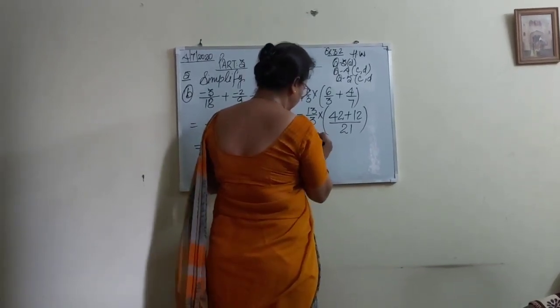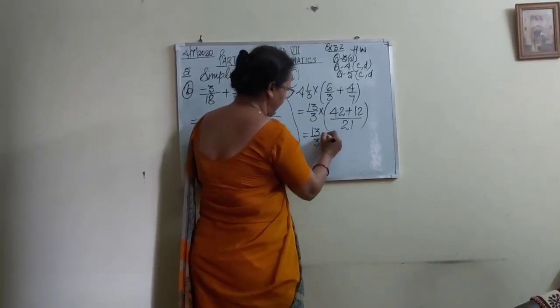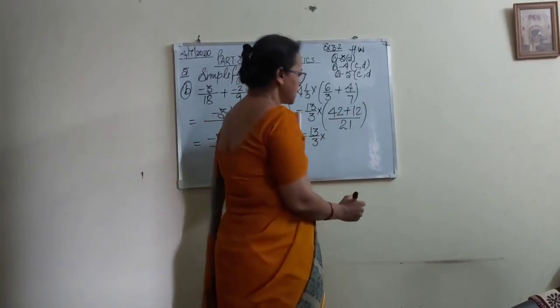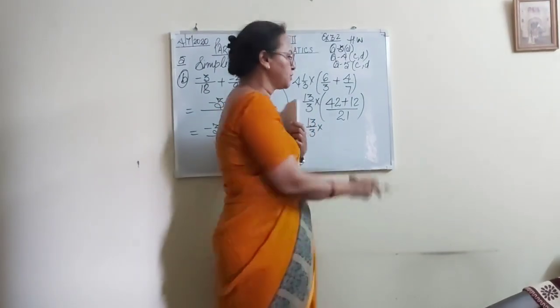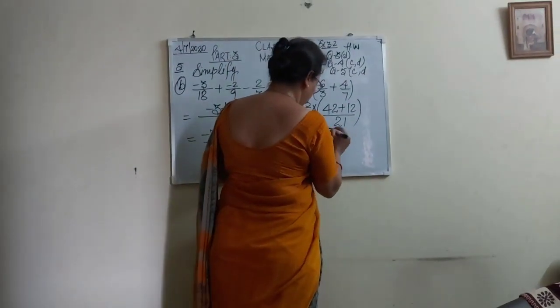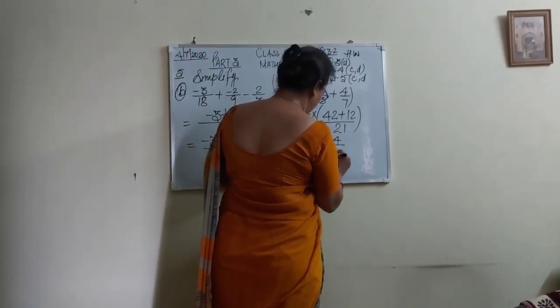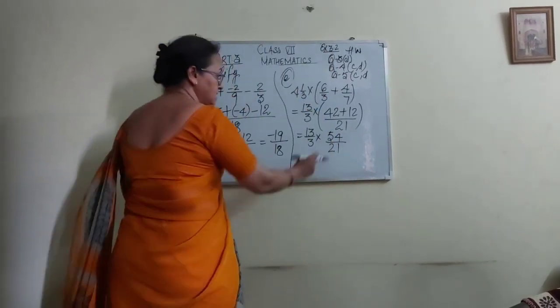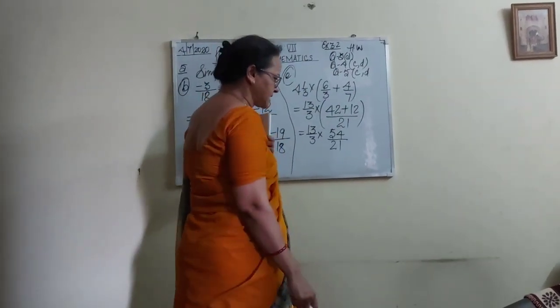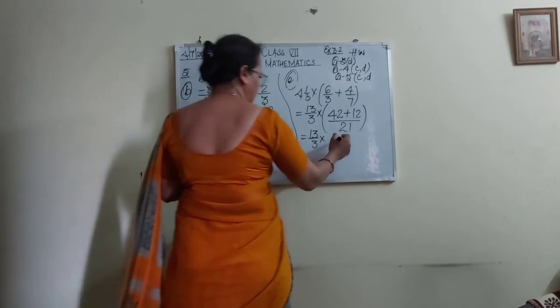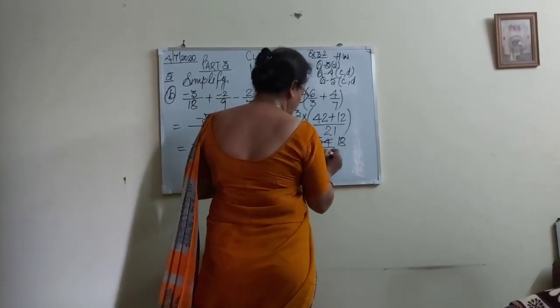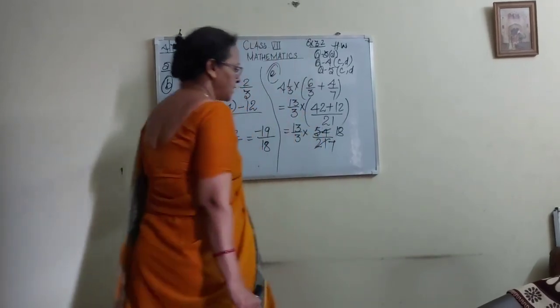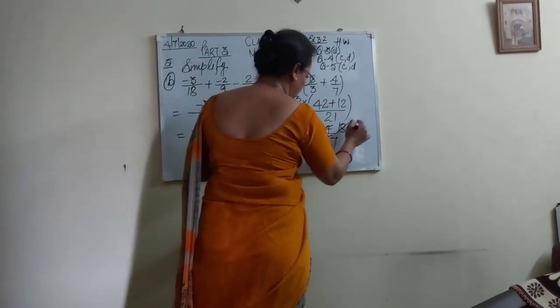13 by 3 multiply 42 plus 12. What will it be? 42 and 10, 52. 52 plus 2 is 54 by 21. That's right. This is 5 plus 4 is 9, so it can be cancelled out by 3. Okay. 3 1s are 3, and 3 8s are 24 and 3 7s are 21. 3 6s are 18.